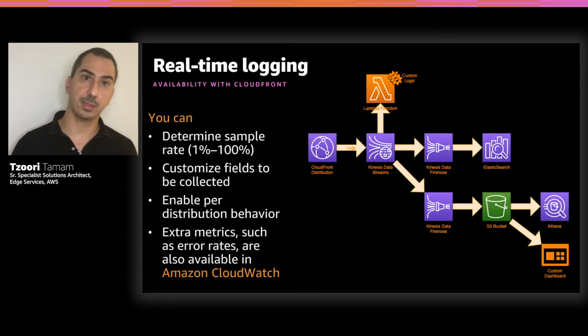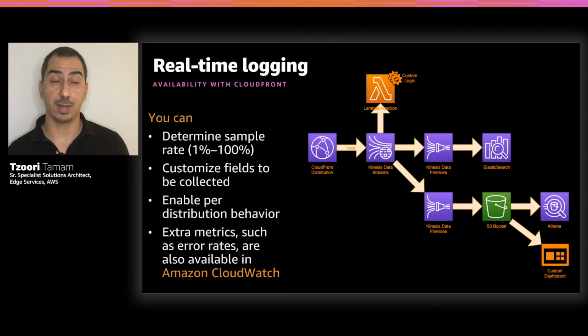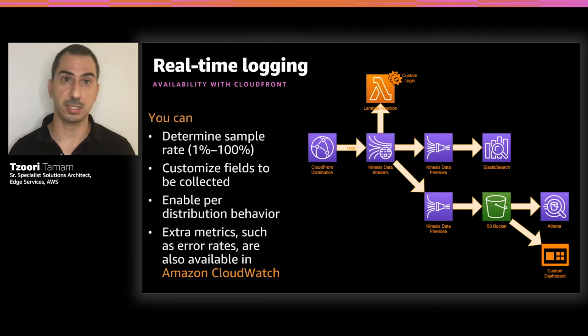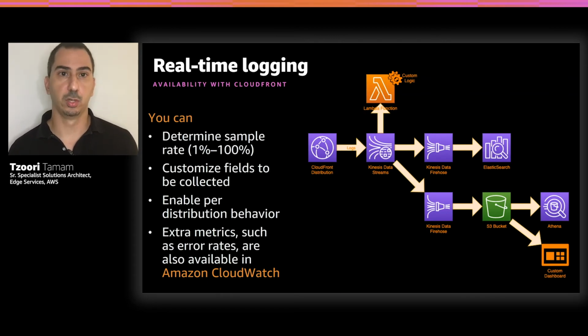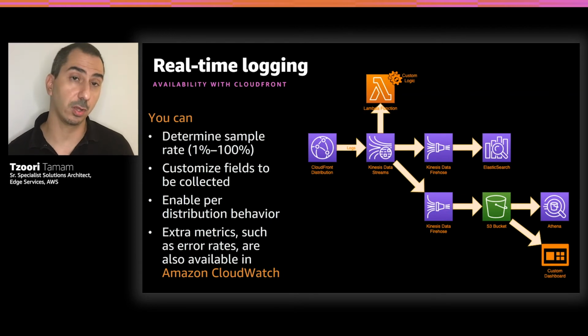So by adding this new feature, we now allow you to dissect and inspect your logs in real time, whether it's through a worker that works directly on the Kinesis data stream or through an Elastic dashboard that you can query. Through any kind of querying language, you can use Athena to query your S3 bucket where the logs finally land, or you use any kind of custom dashboard or functionality to investigate through these logs.